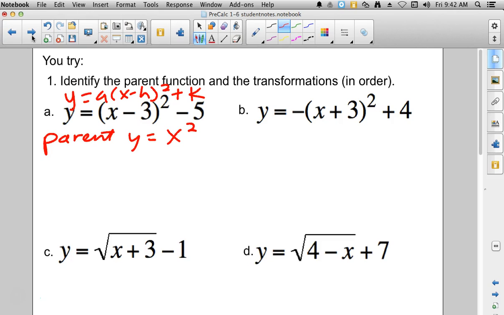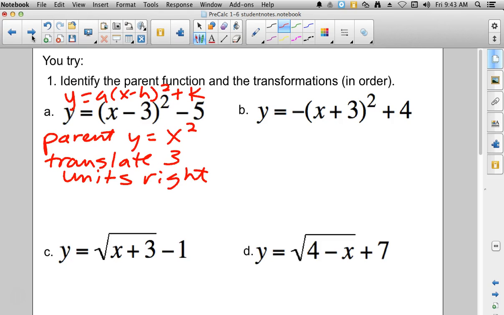So this little bugger here would be what we deal with first because those are parentheses. And we have to remember it's the opposite of whatever we usually think. So this x minus 3 is actually translate 3 units to the right. Because h itself was a 3.